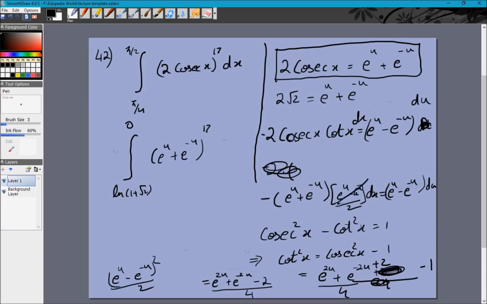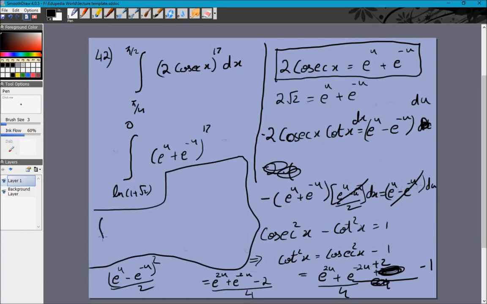Right. So this term cancels with this term, and what you are left with is e to the power u plus e to the power minus u dx is equal to minus 2 du. So this integral now becomes the integral of, now minus 2 du, so the minus will just take care of reversing the limits, so it will be 0 to ln of 1 plus root 2, and now dx is equal to 2 du.